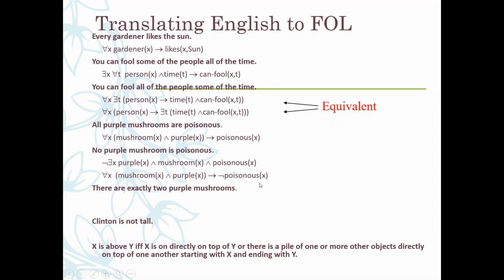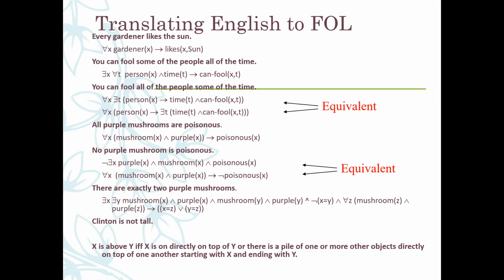Another example is that there are exactly two purple mushrooms. So there will be two mushrooms, right? One is represented by x, another is represented by y. So for some x, for some y, x belongs to the mushroom category and the purple category, and y belongs to the mushroom category and the purple category.